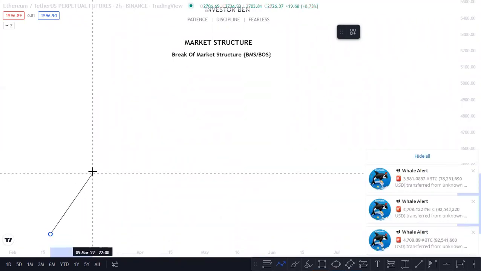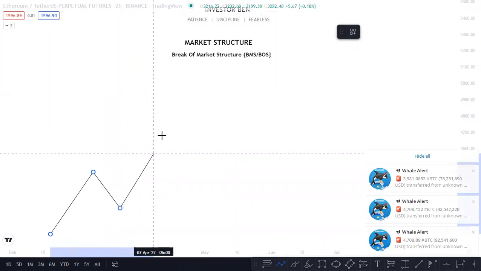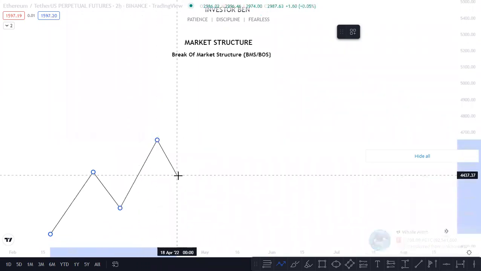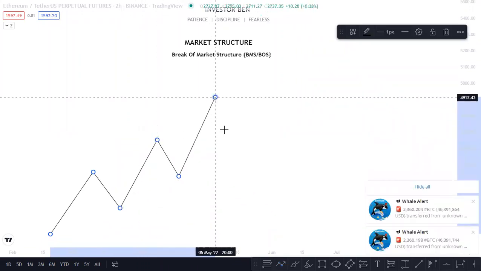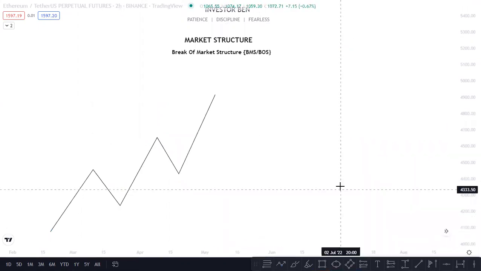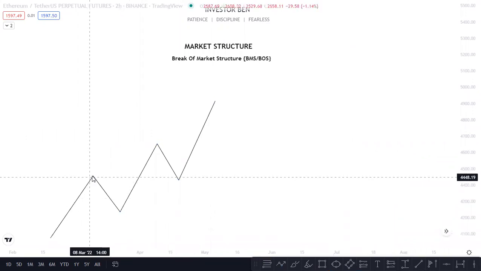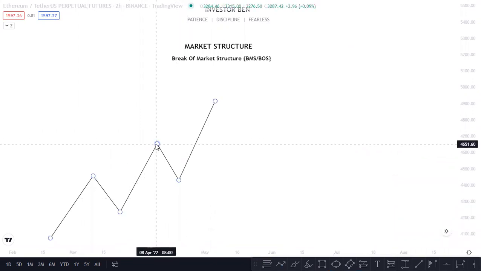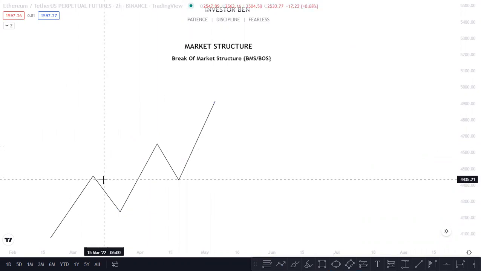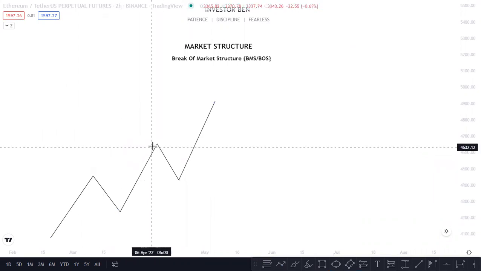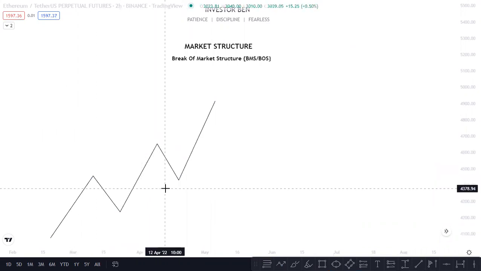Okay, so bringing the break of market structure to your charts, just like other aspects, like your higher highs and higher lows. But now, in break of market structure, you could see that at every high, one high is higher than the other. This high is obviously higher than this high, right?